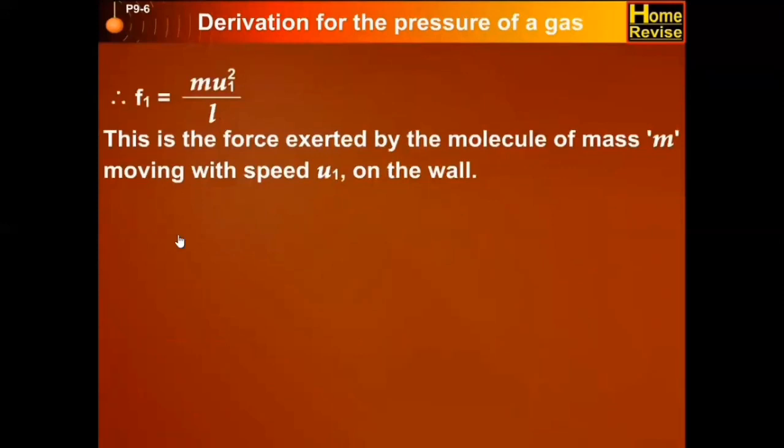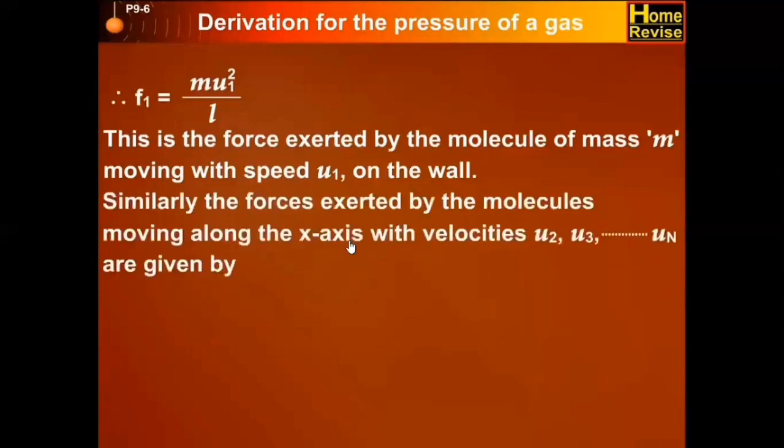In the same way, we can find the second particle, third particle, up to n particles. Firstly we find the change of momentum, then the time, then put these values in and get the ultimate result.